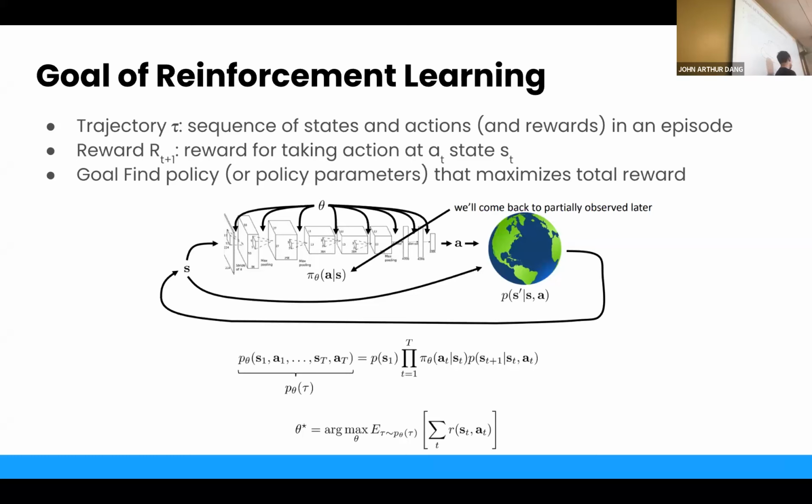So this expectation notation means: what is the expected value of what's in here, given that you're getting trajectories sampled from a distribution defined by p theta tau. And what is p theta tau? It's your joint probability distribution over all your states and actions, given that you're following a policy pi parameterized by parameters theta, so your weights.